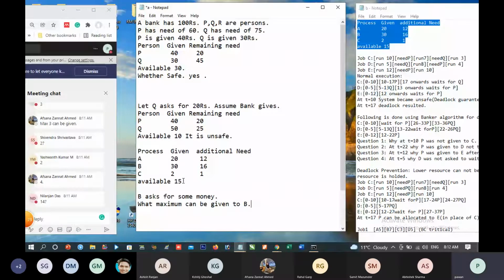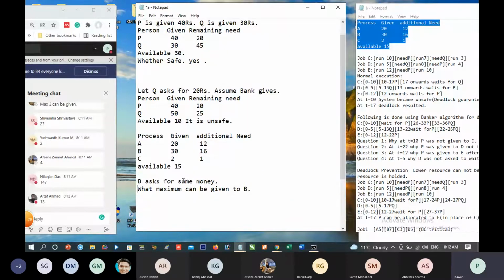Nilanjan is wrong. No, wrong. Altaf is wrong. Okay. Let us see this. Let 4 be given to B. Correct. What is going to happen?